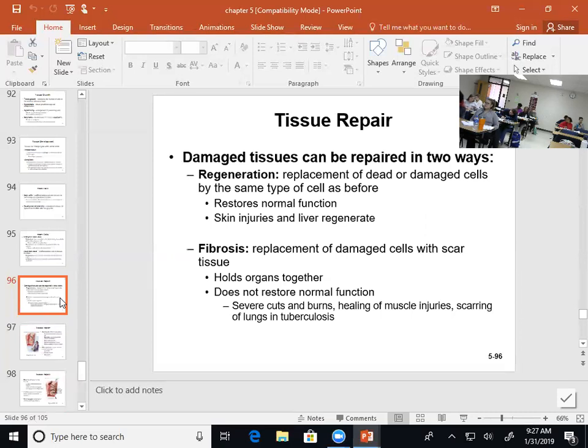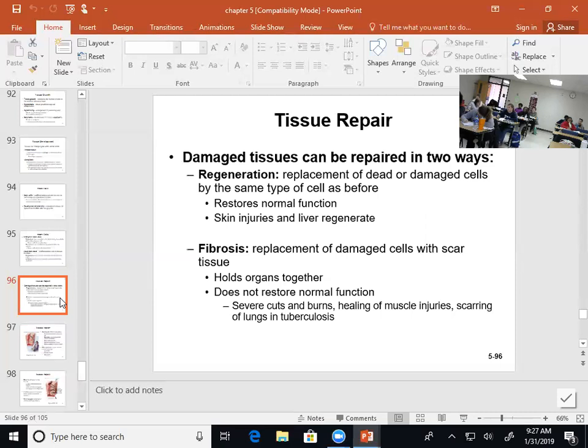So anyway, if the margin is too great, then it's going to end up scarring. So I want you to know 2 words when we're thinking about tissue repair. Common sense tells us that not all tissues can repair at the same rate or can even repair. We understand that. That's why we want to know these different tissue categories.